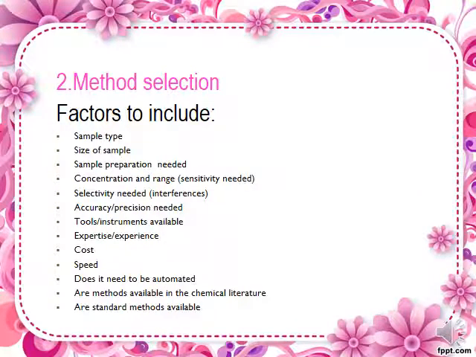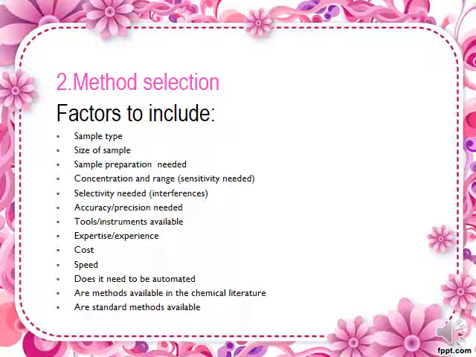So the second step, once we have identified the problem, is that we select an appropriate method, okay. To select a method, these are the factors that have to be considered, okay. The sample type, the size of the sample, sample preparation needed, the concentration and range, the selectivity, the accuracy or precision, the instrument, the expertise, the cost, the speed, okay.